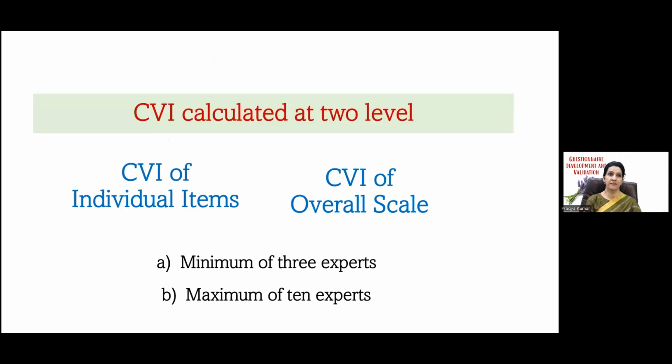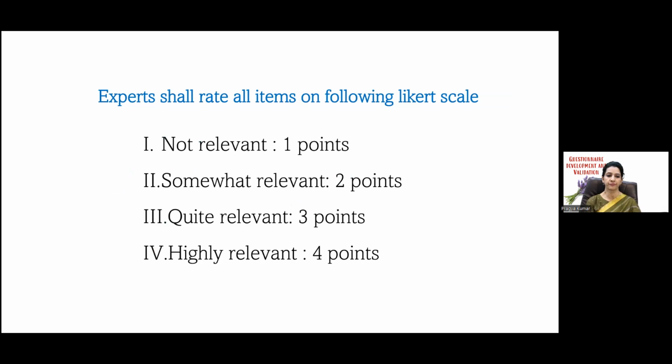This content validity index is calculated at 2 levels. There is a content validity index of each item, and there is a content validity index of the overall scale. For this, there should be a minimum of 3 experts. Maximum you can have more also, but here we have written 10.